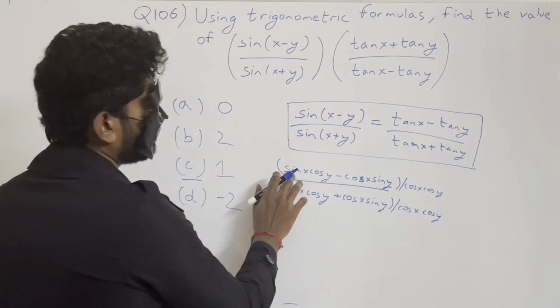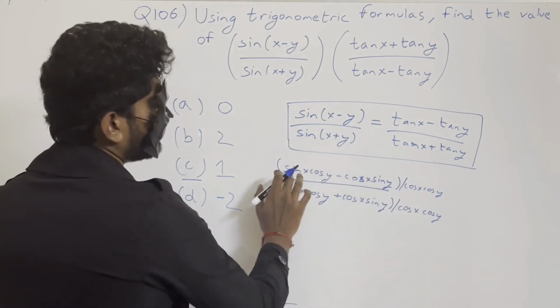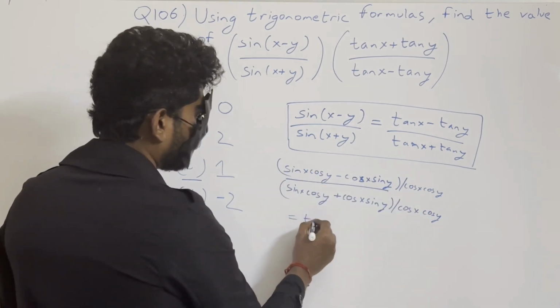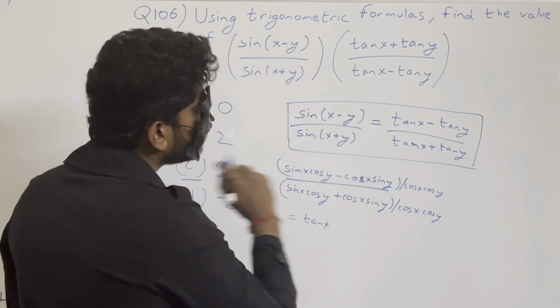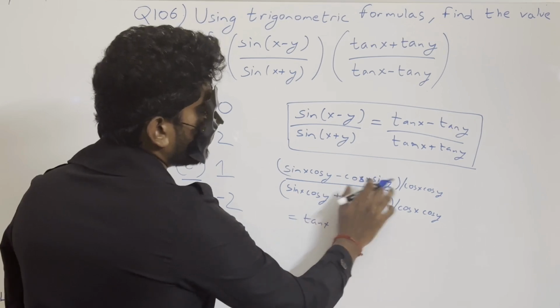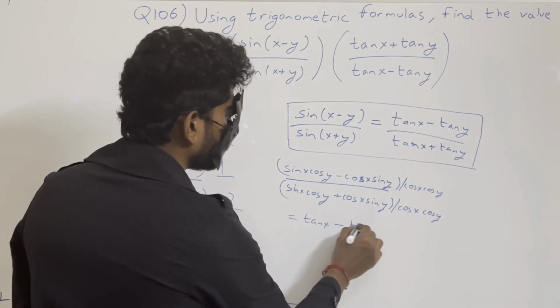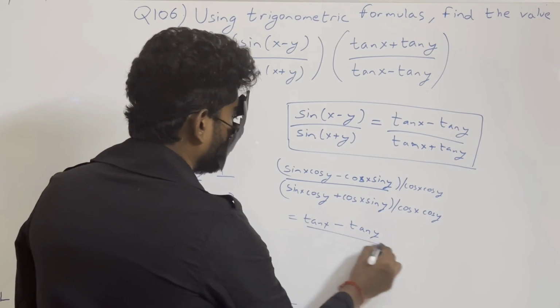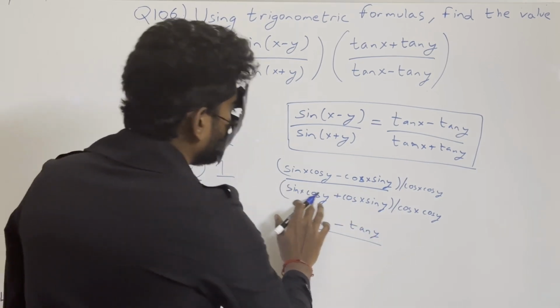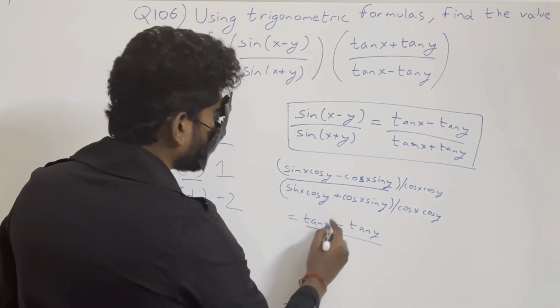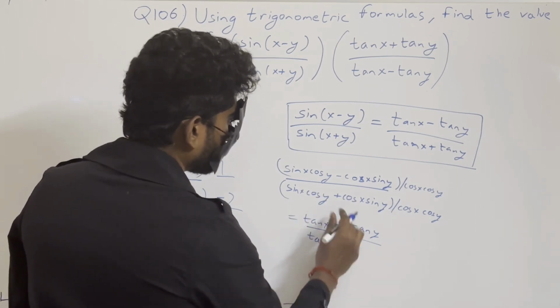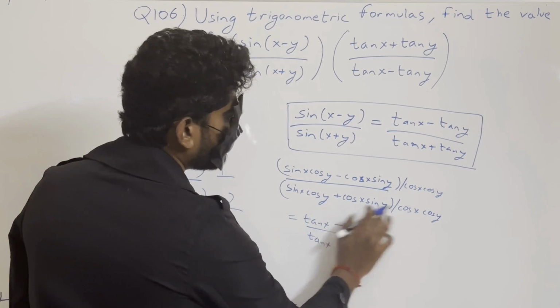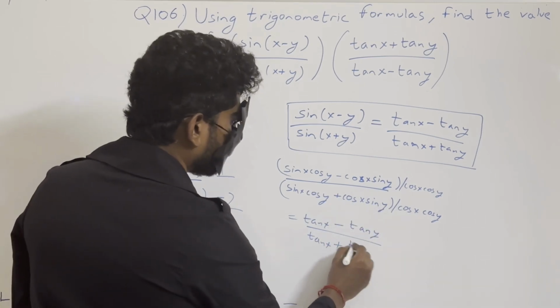Now what will be left here? Cos x cos y, cos y gets cancelled, sin x by cos x will be left, that is nothing but tan x. Here cos x will get cancelled, sin y by cos y will be left, so that is nothing but tan y. By, here again cos y and cos y will eliminate, sin x by cos x is nothing but tan x, cos x and cos x will eliminate, sin y by cos y is nothing but tan y.